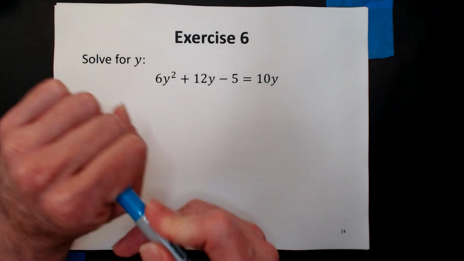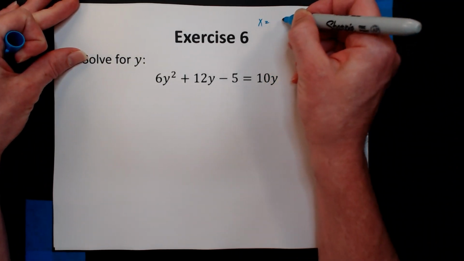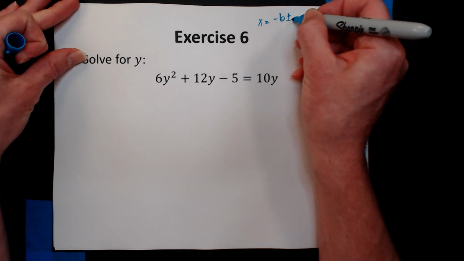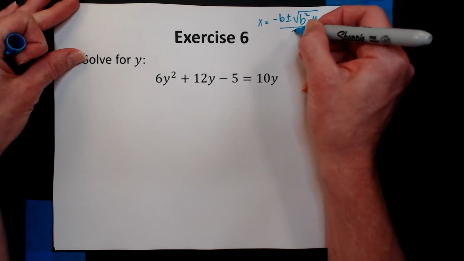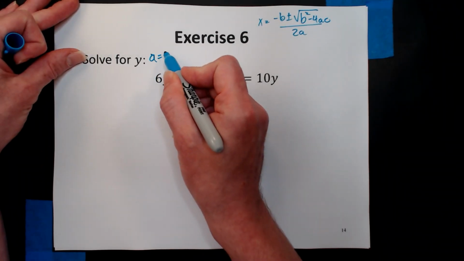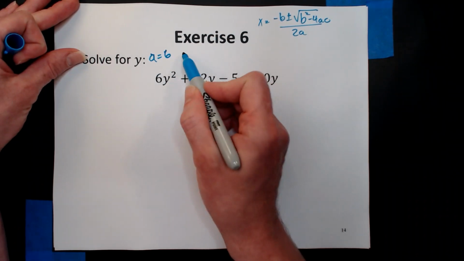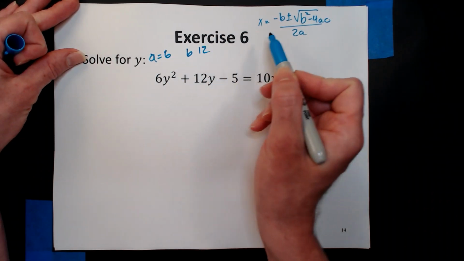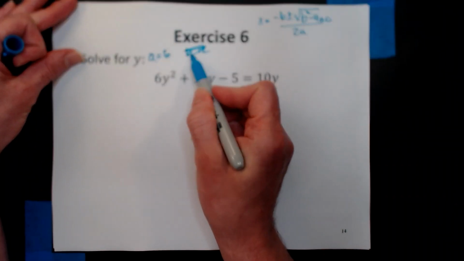All right, so let's write our formula up here so we have it to reference. X equals negative b plus or minus the square root of b squared minus 4ac all over 2a. And here we have a is equal to 6. B is equal to 12. And, oh, it's not in standard form, so we can't do that yet.